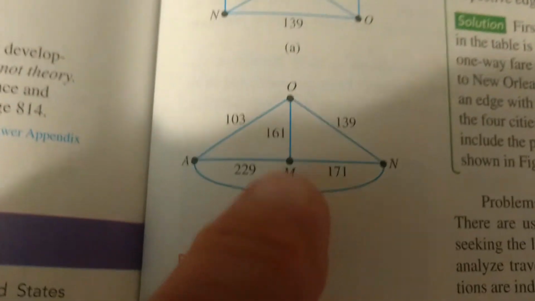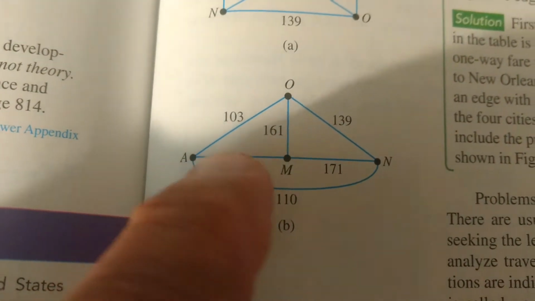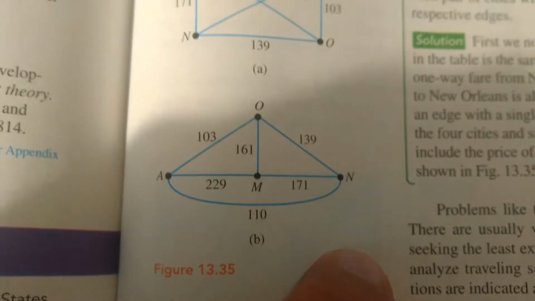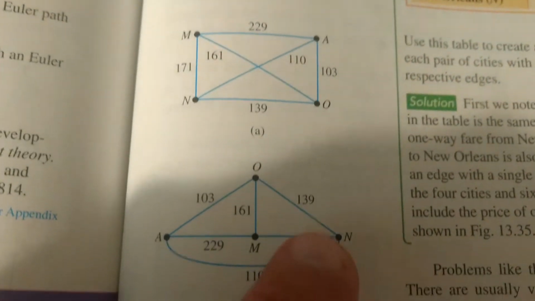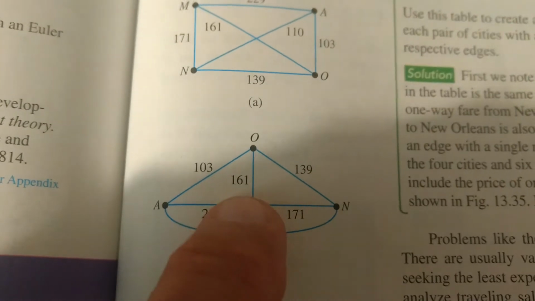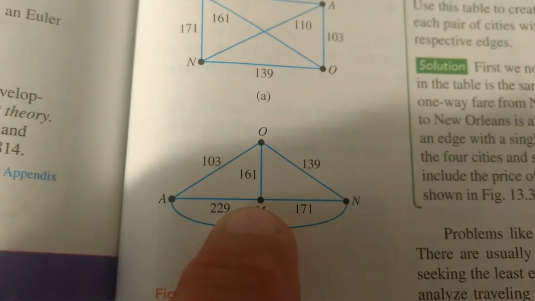All right. And another way to represent this would be here. Here you have Orlando, here you have Atlanta, Memphis, and New Orleans. So, they're both complete graphs because we can see that we have 4 destinations, but each destination goes to the other 3 destinations.